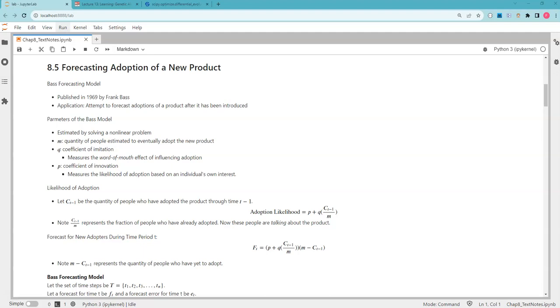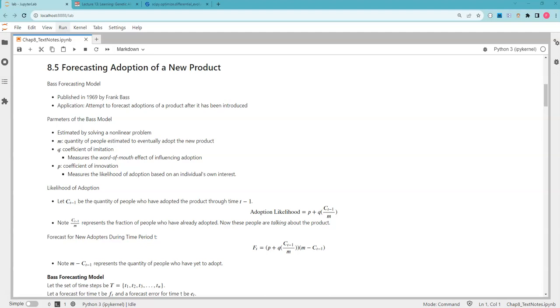Then we have P, the coefficient of innovation, which is basically the influence of the product as it stands by itself on your wanting to adopt it. It needs no word of mouth here. You look at the product, you see an ad for it and say, wow, that's a great idea, I want to look into purchasing that. That would be the idea behind the coefficient of innovation.